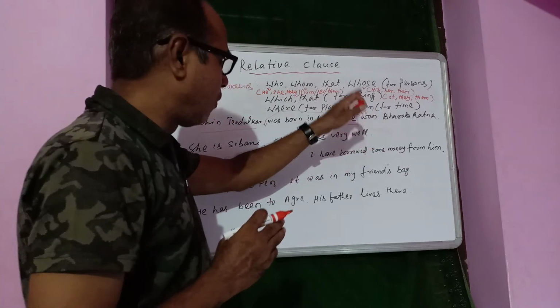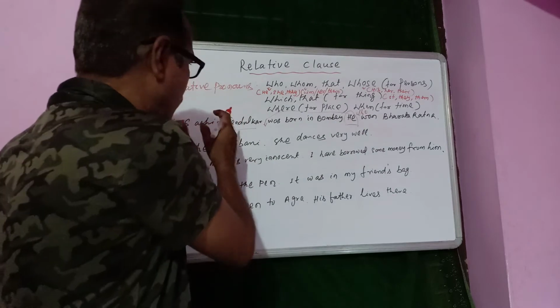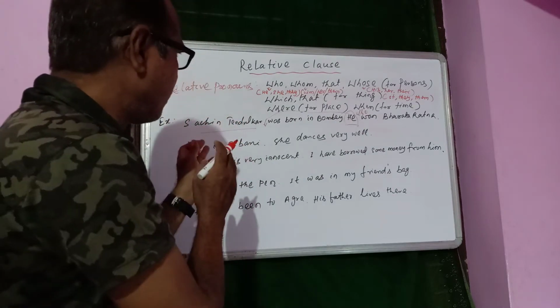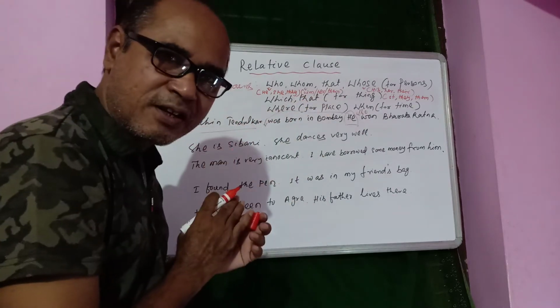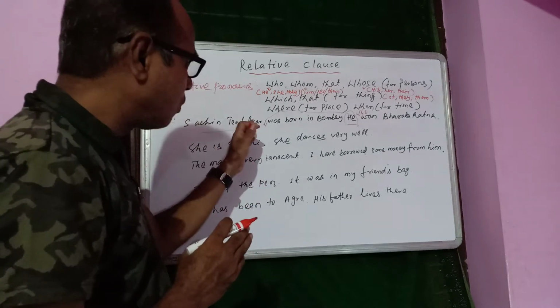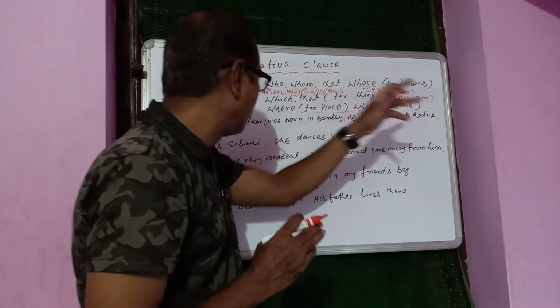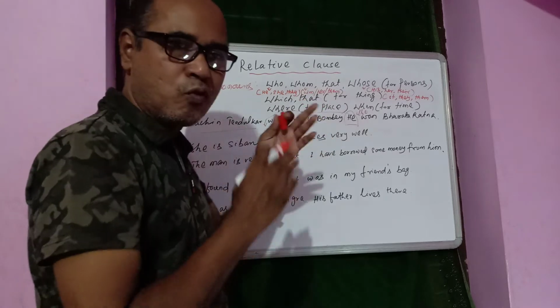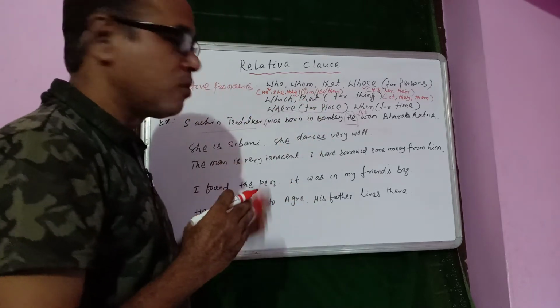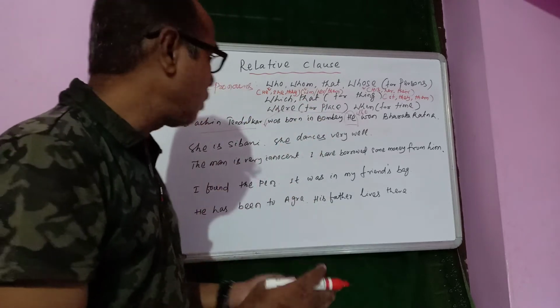relative clause after Sachin Tendulkar. Here, what is the complex sentence? Sachin Tendulkar, who won Bharat Ratna, was born in Bombay. It is a non-defining relative clause.